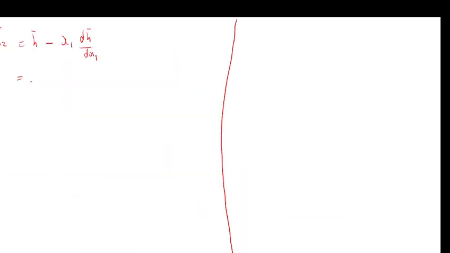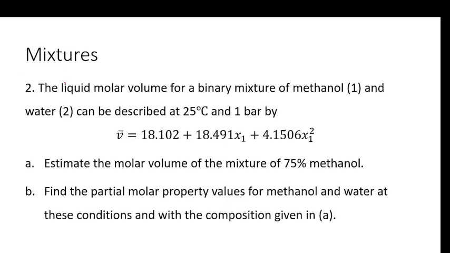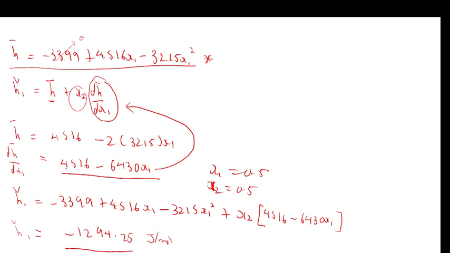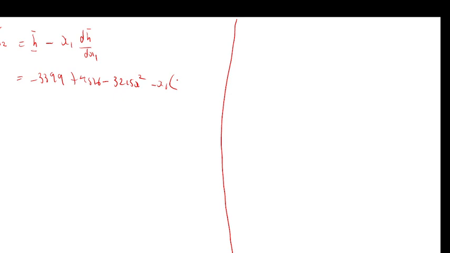So that would be the minus 3399 plus 4516 minus 3215 x squared. So that's for the h bar part. Then minus x1, and then the dh dx1 we had, 4516 minus 6430 x1. So this is what we are going to have.